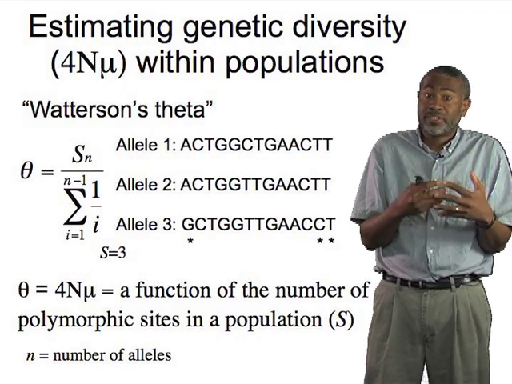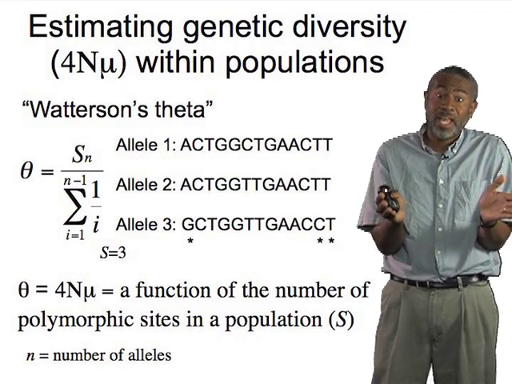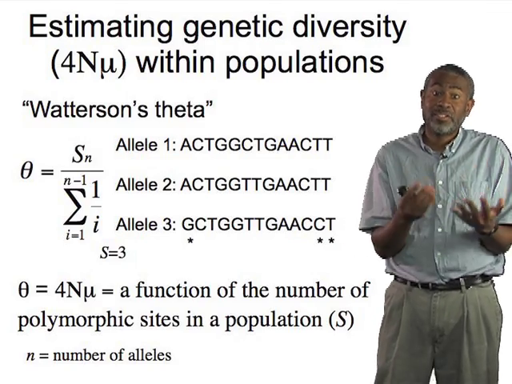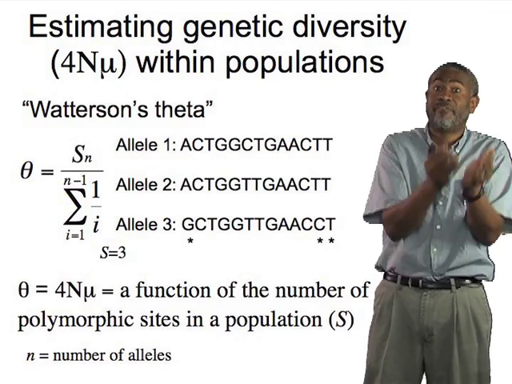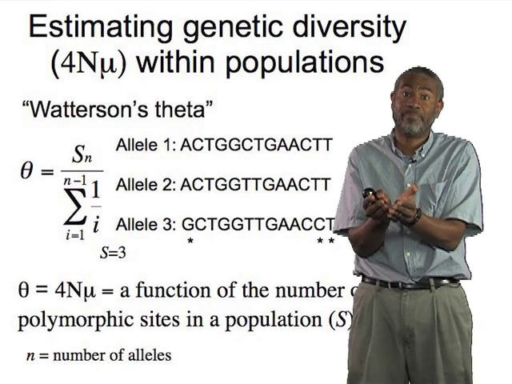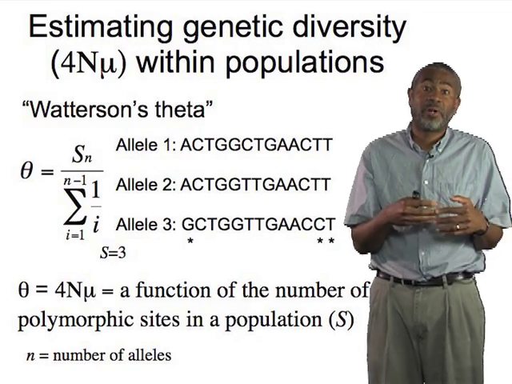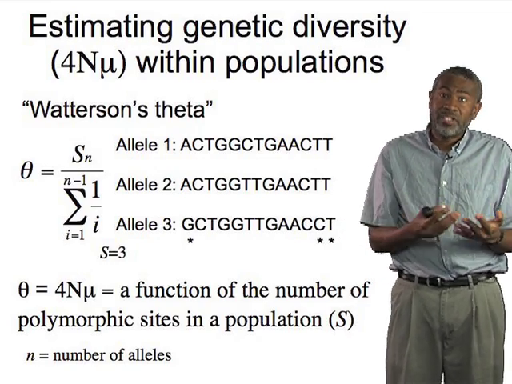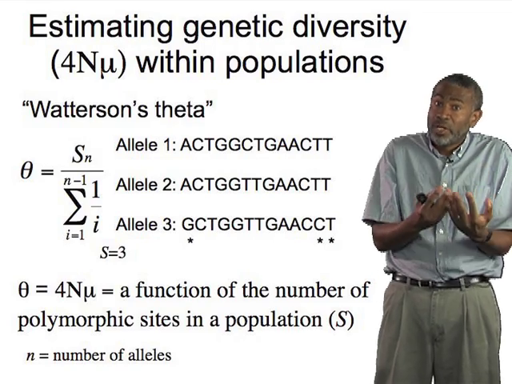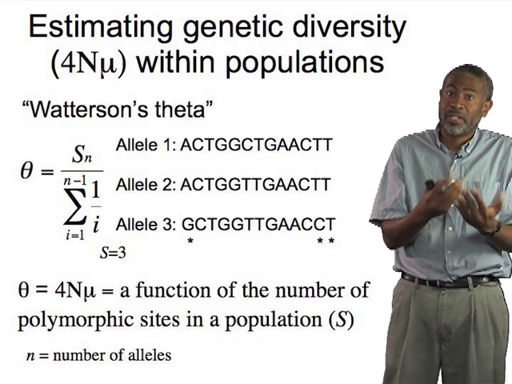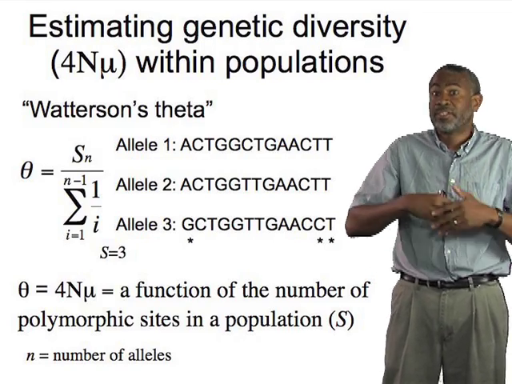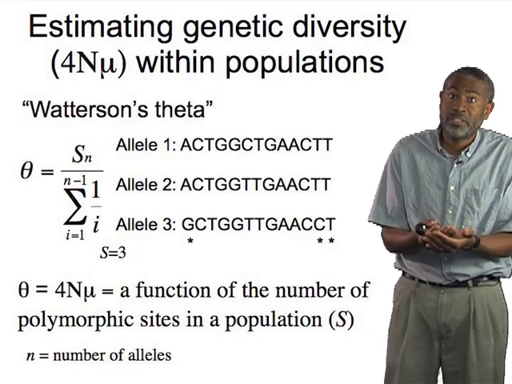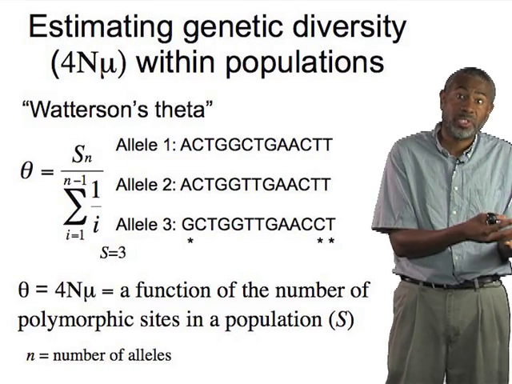So it's a very straightforward measure. We can sequence DNA, count the differences, and estimate the combination of effective population size and mutation rate. And the important thing to remember is that the mutation rate is always going to be a locus-specific estimate of theta. Some genes will have a high mutation rate, some genes will have a low mutation rate.